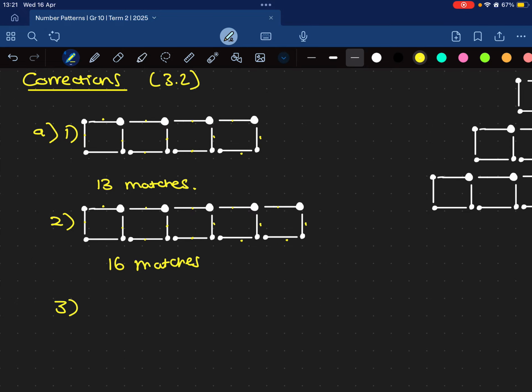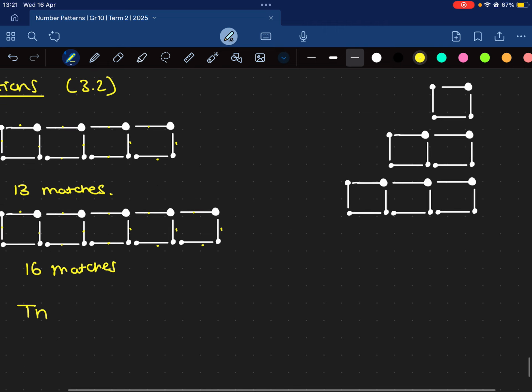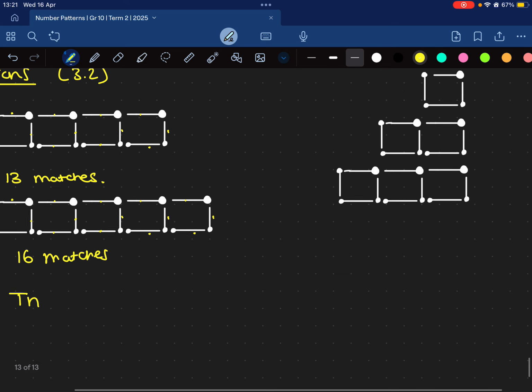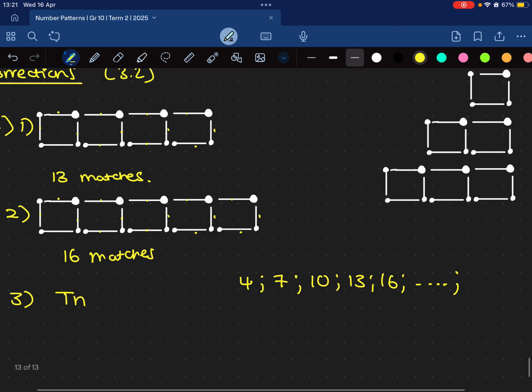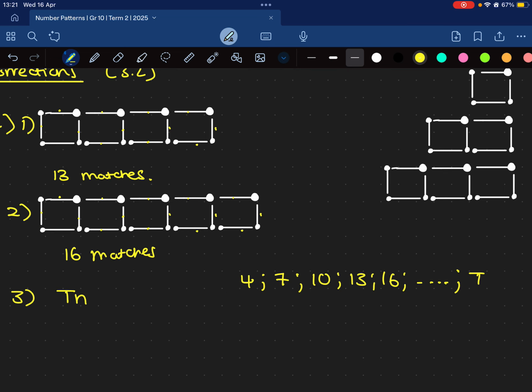Then the third question says determine a general rule for finding the number of matches in a chain of n squares. So they want Tn. Let's write down the number pattern. The first one is 4, the second one is 4 plus 3, which is 7, and then 10, 13 and 16. It continues until you get Tn.